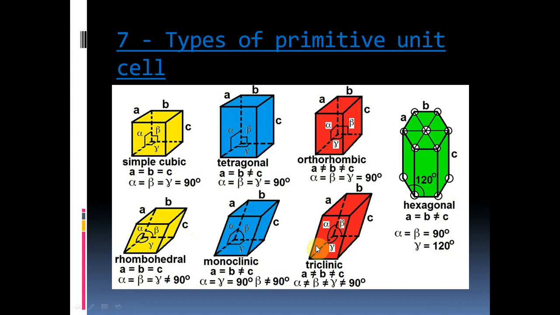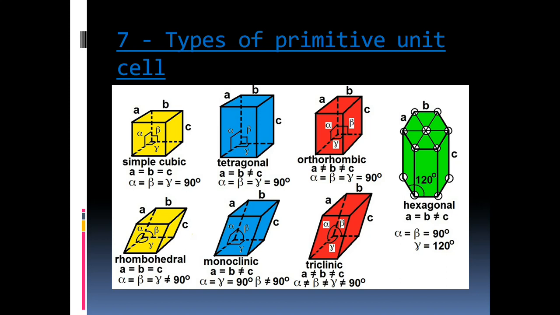Then we have the last one here, the most unsymmetric type, triclinic. All 3 edge lengths are different, that is A not equal to B, not equal to C, and all the 3 angles made by them are also not same, and they are not equal to 90 degree. So we have got 7 primitive types of unit cell based on their edge length and angles.